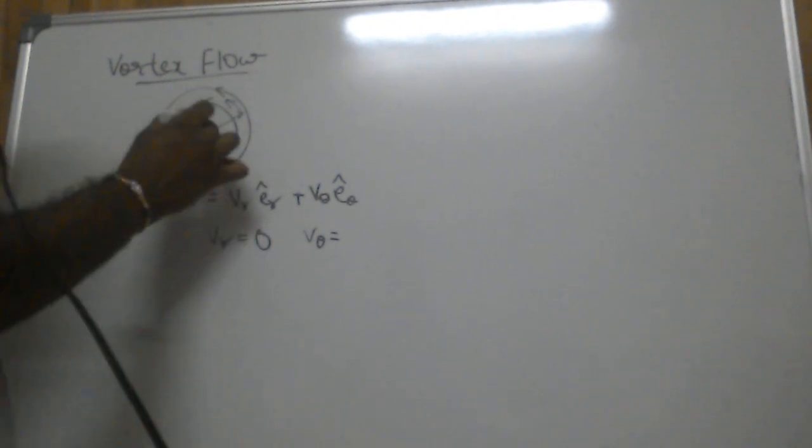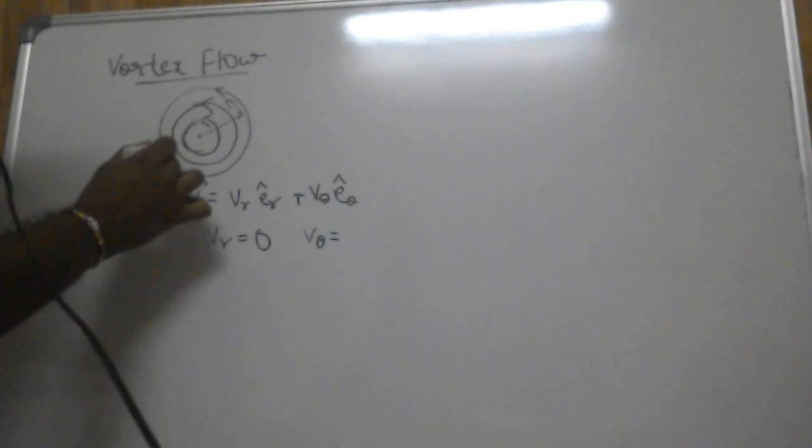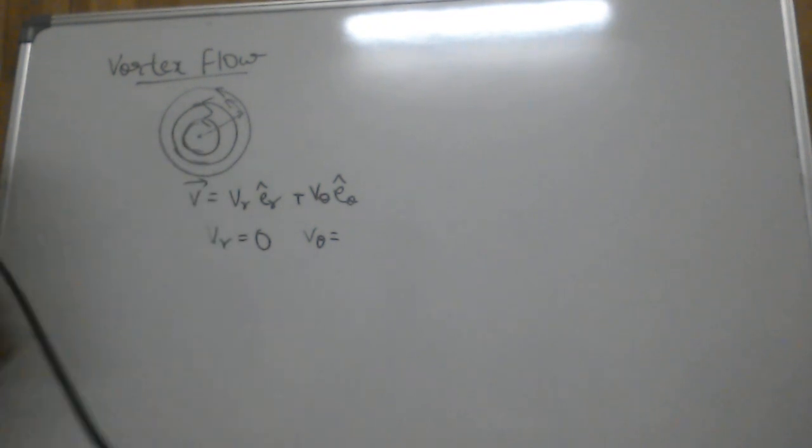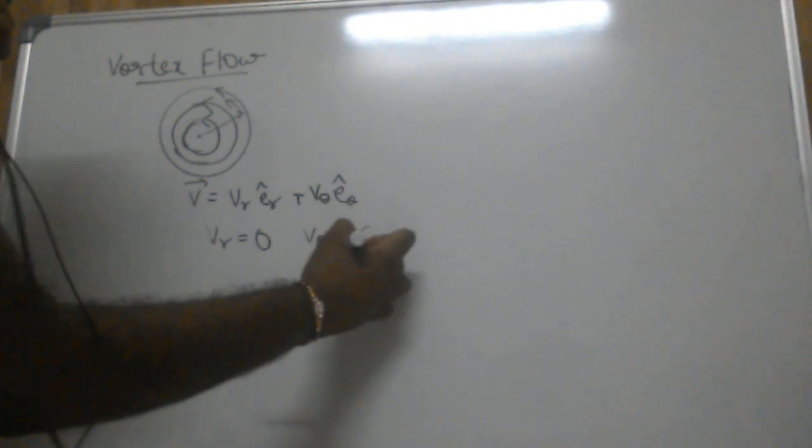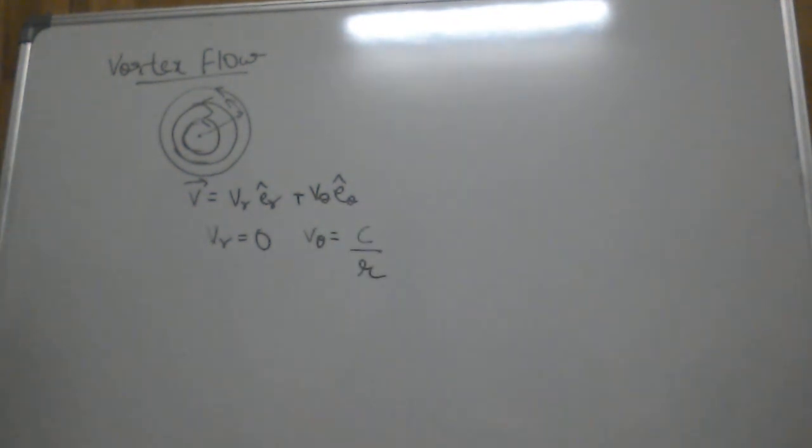So compared to this streamline, another is going to have a different velocity in the theta direction, and that is a function of r. So we now assert that V theta is some constant C divided by r. You can check if this velocity field satisfies the continuity equation, which is the divergence of velocity being 0. That's a simple exercise that can be done.